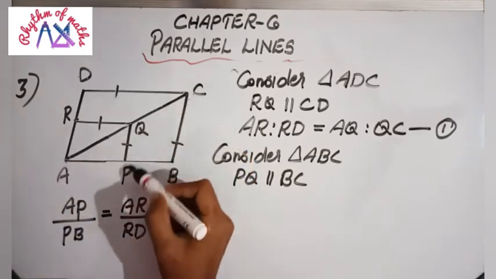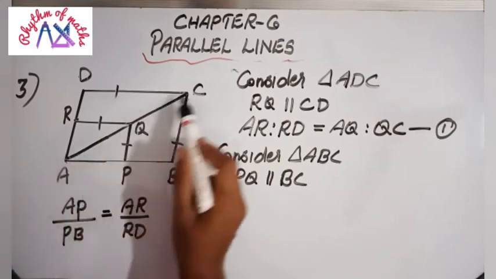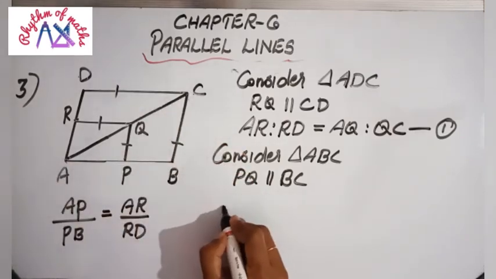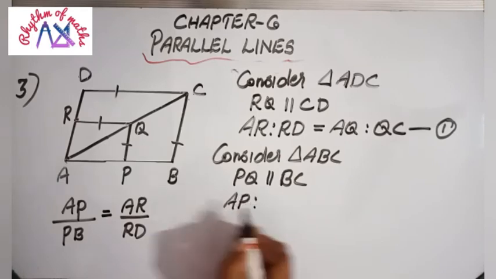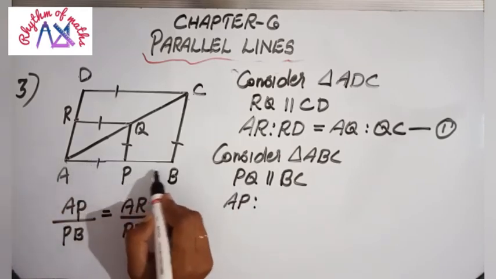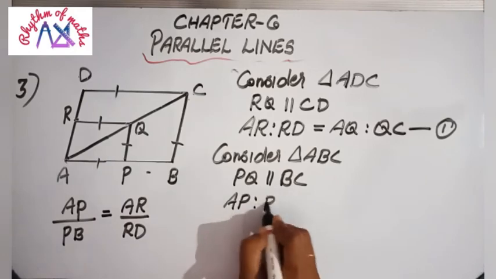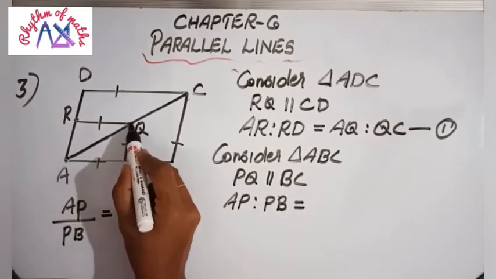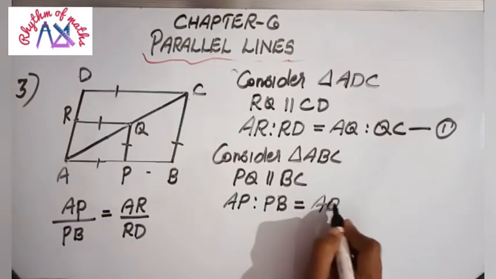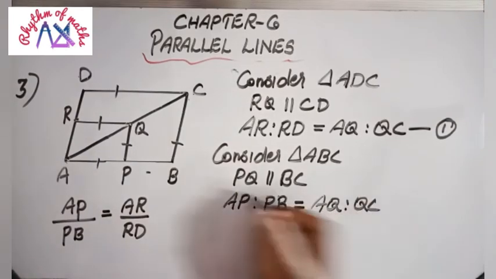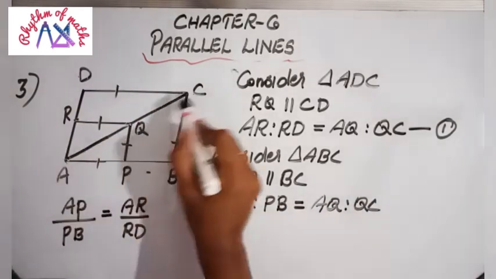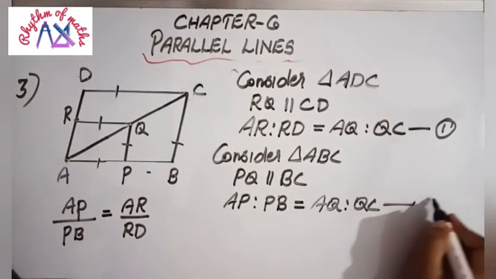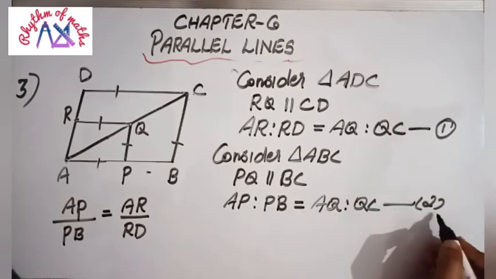Which are the parts? For AB, parts are AP is to PB, first part AP, second part PB. AP is to PB equals the next parts AQ and QC. AQ is to QC, because for these two triangles the line AC is common. That's why we got AQ is to QC. So this is the second one.